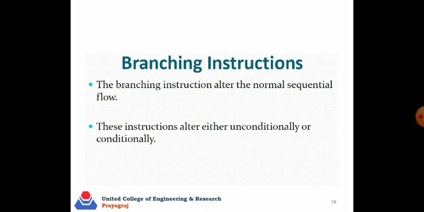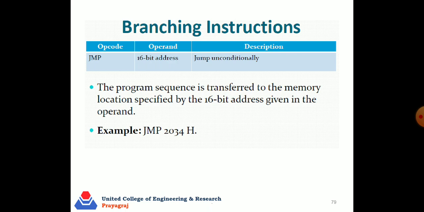Now we are moving to our next instruction group, which is the branching instruction. I think it is the most powerful instruction set in the 8085 instruction set group. The branching instructions alter the normal sequential flow, and these instructions alter it either unconditionally or conditionally.